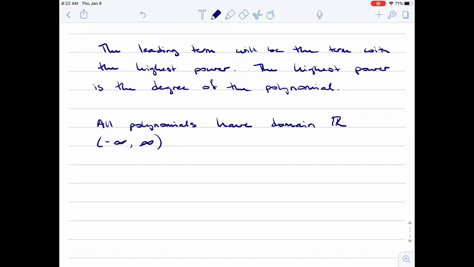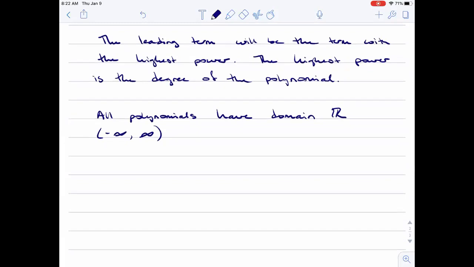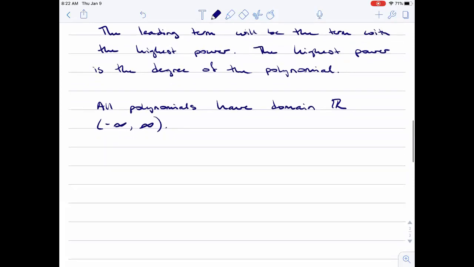Remember to use those round brackets, because infinity isn't actually a number. It's an idea. And so that's why we have to use the round brackets.